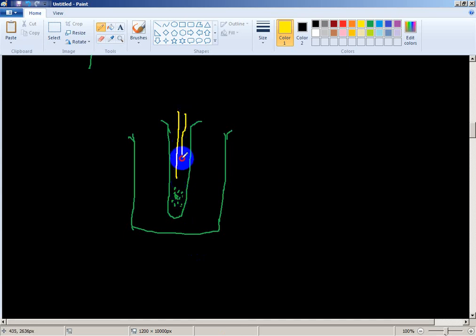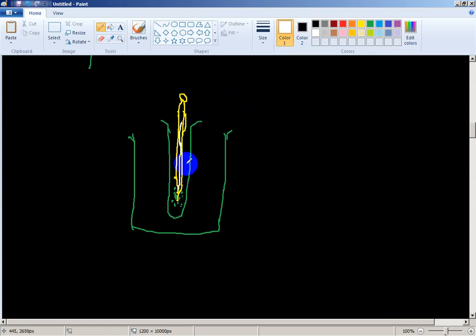Boiling tube, thermometer. This reading is not showing visible, so I am giving a mark to show the temperature reading.